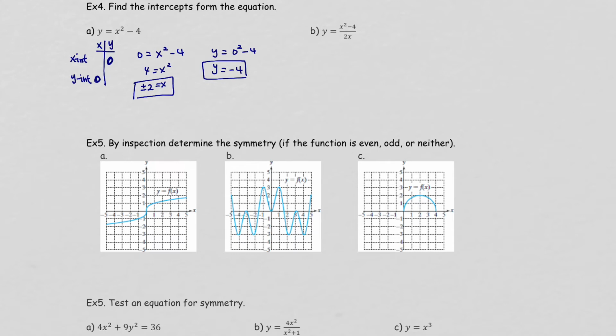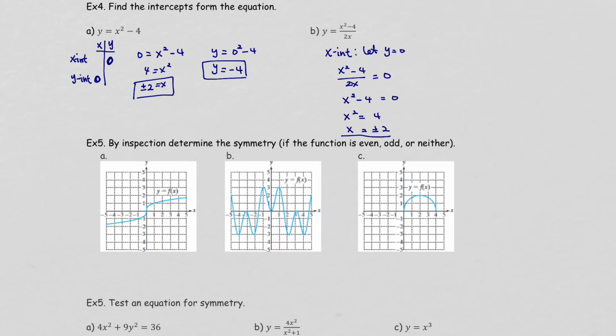What about this one? The x-intercept. Letting y equal 0, you get (x squared minus 4) over 2x equals 0. Multiply both sides by 2x. You get x squared minus 4 equals 0. Where x squared equals 4, x is plus minus 2.